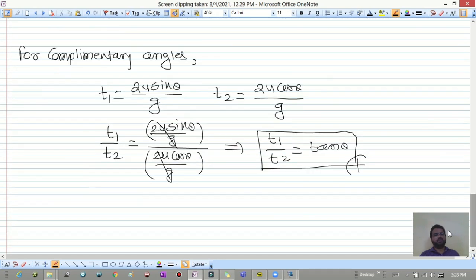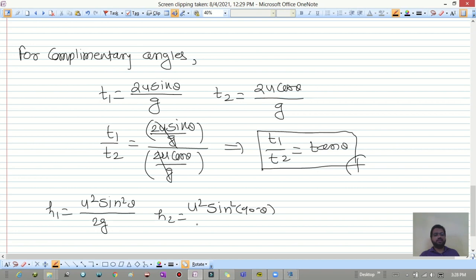Okay. Now what is h1? It is u squared sine squared theta divided by 2g. And what is h2? u squared sine squared 90 minus theta divided by 2g. So h1 divided by h2 is equal to tan squared theta.